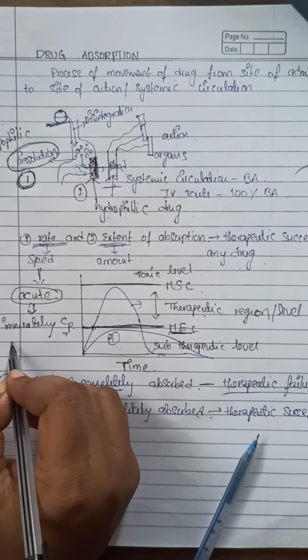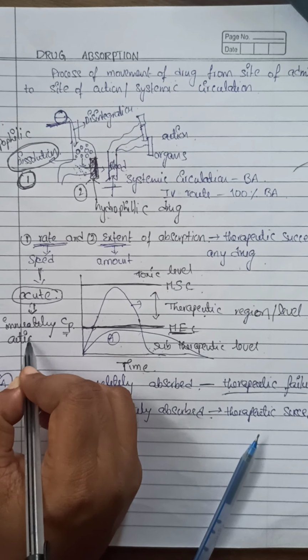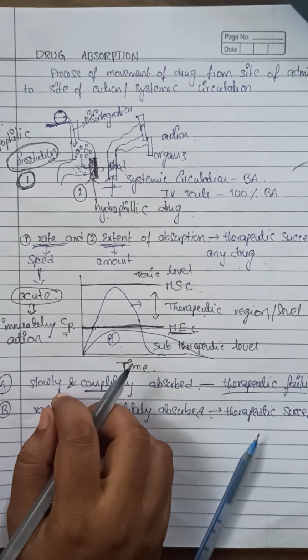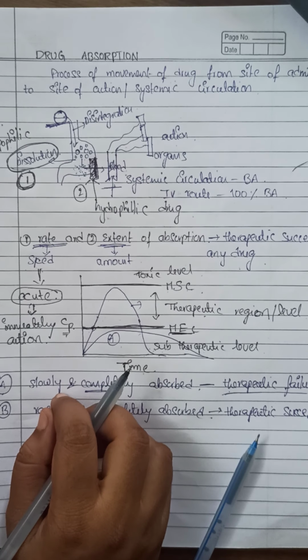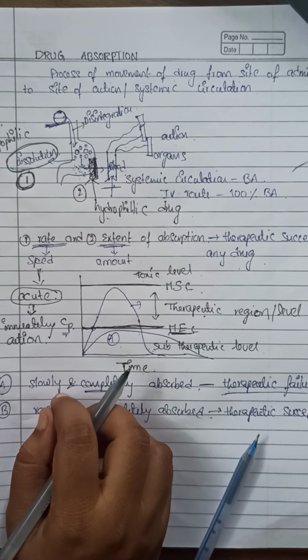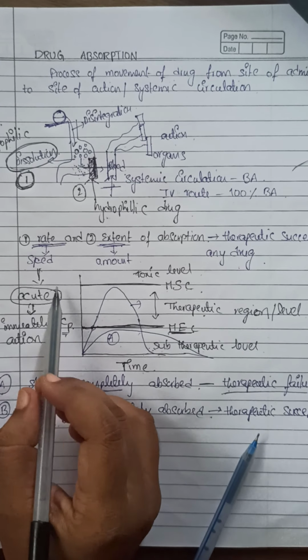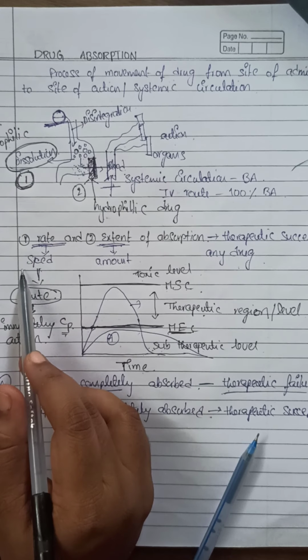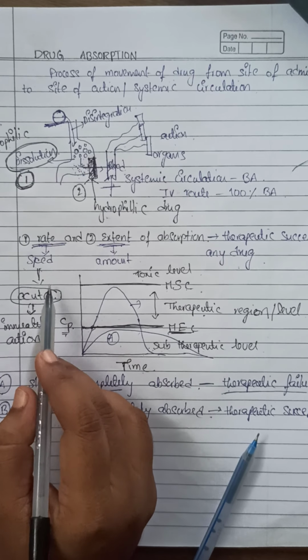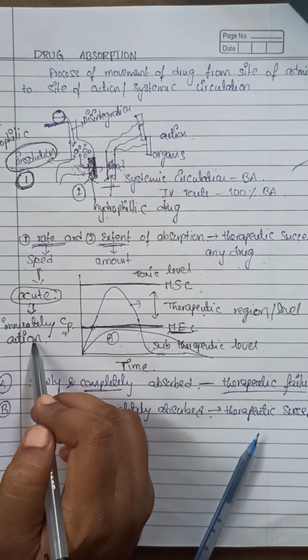For example, angina pectoris or a heart attack, where within seconds we require the therapeutic action. We need relief from the condition. So if it is rapidly absorbed, we rapidly get relief from that condition.